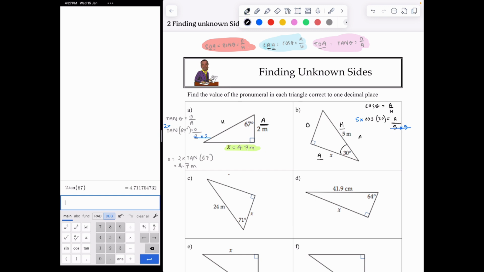Writing that neatly, we've got A equals 5 times cos 30. Plugging that into our calculator, we've got 5 times cos 30. And that is 4.3 meters.